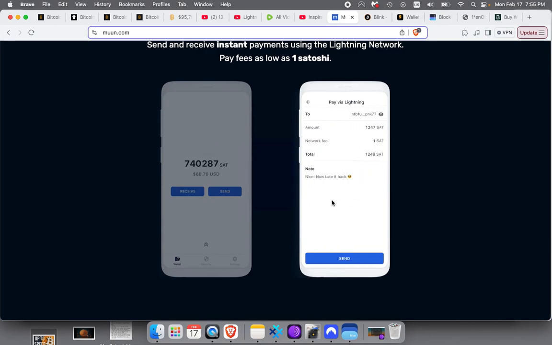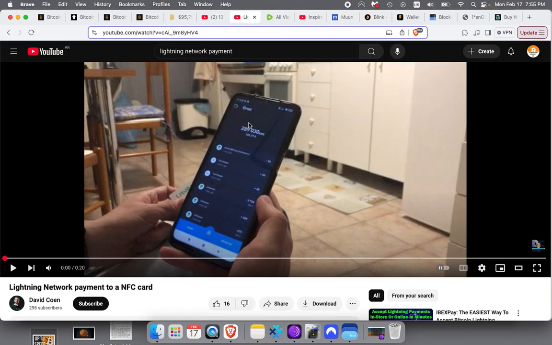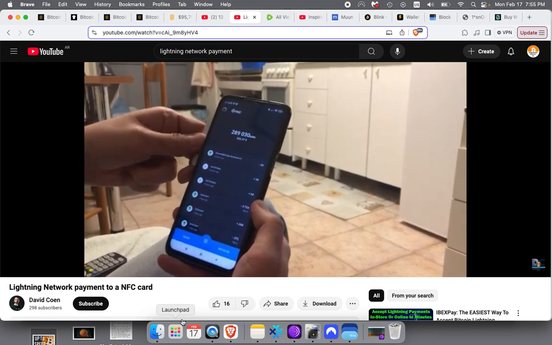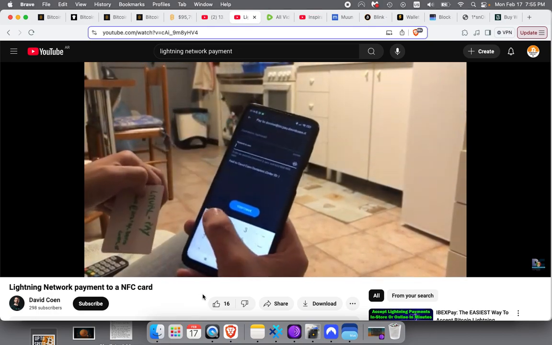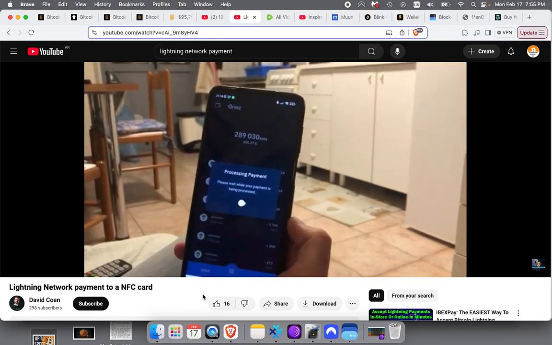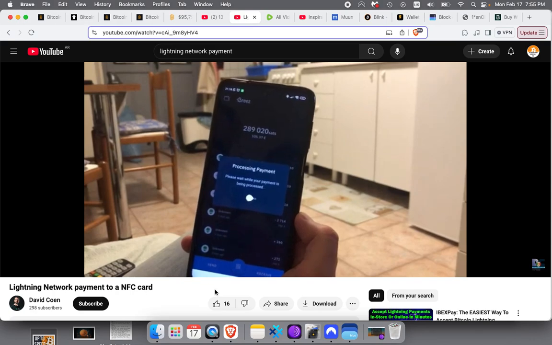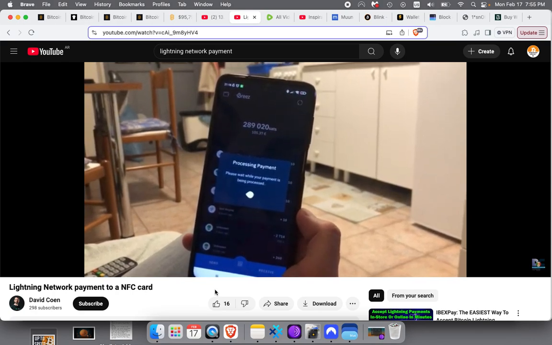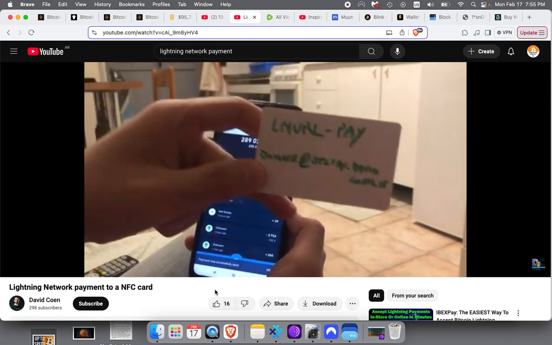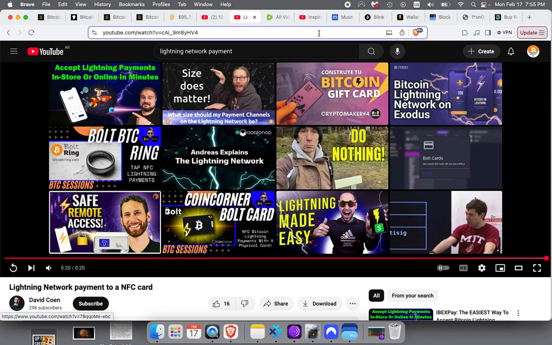And then if you want to spend, if you want to go somewhere, you want to spend some Bitcoin like this person, you see, he just used the NFC of the merchant and just processed the payment. See, this is how the payment goes. Boom. And the merchant receives the Lightning payment. And this is using a Lightning URL.